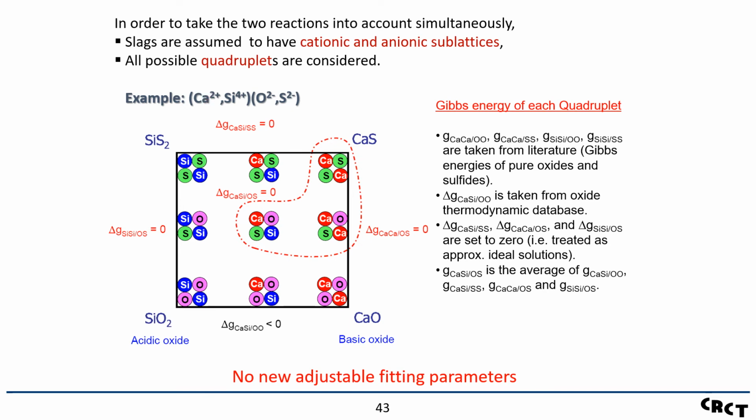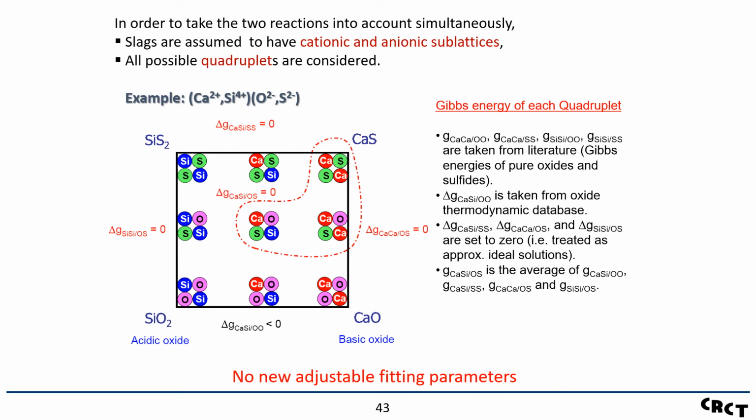We now consider quadruplets. A quadruplet consists of two ions on the cation sites and two ions on the anion sites. So this is a Ca2S2 quadruplet and so on. The corners here are the pure substances. These are the binary systems. This is the calcium sulfide, calcium oxide, calcium silicate system.